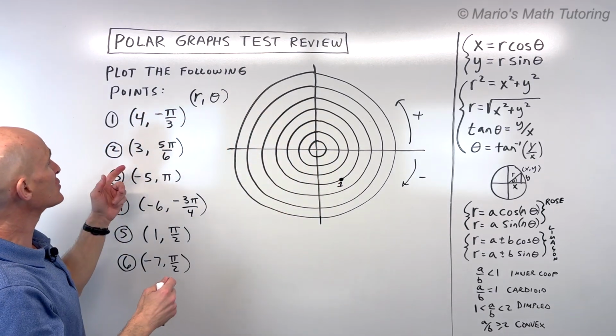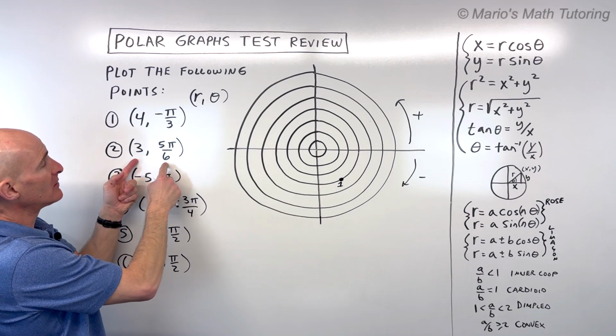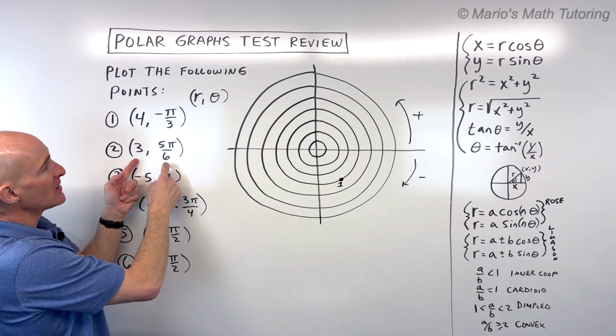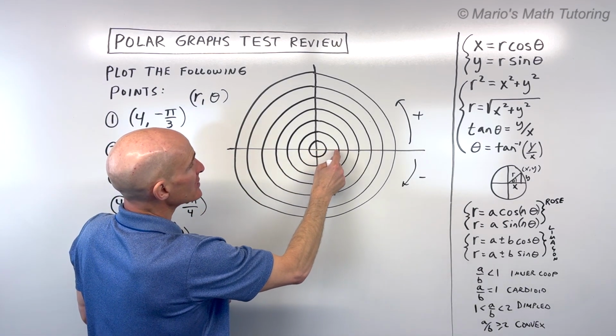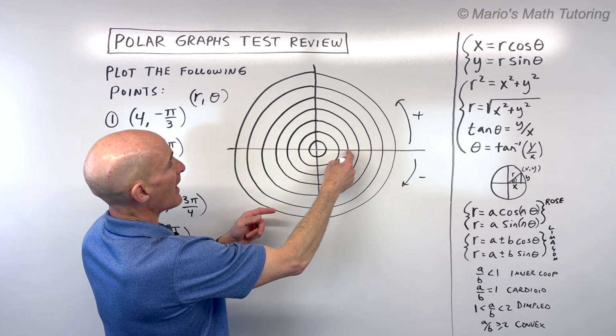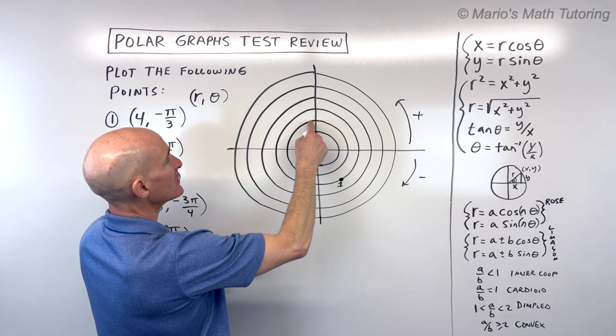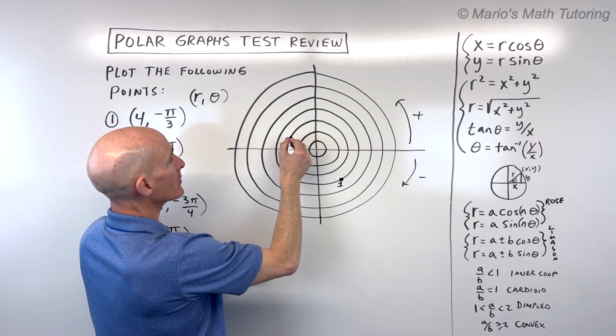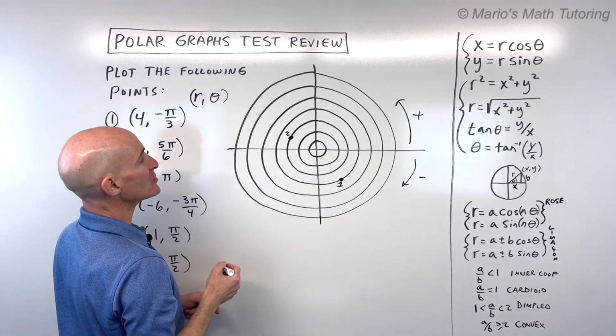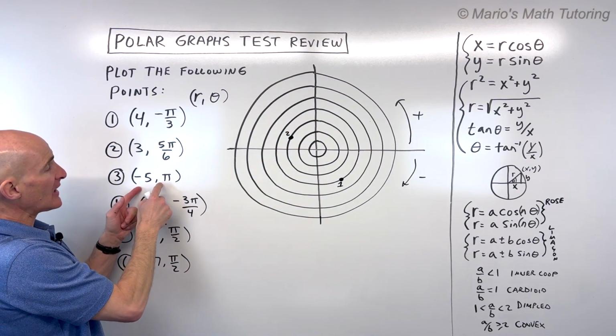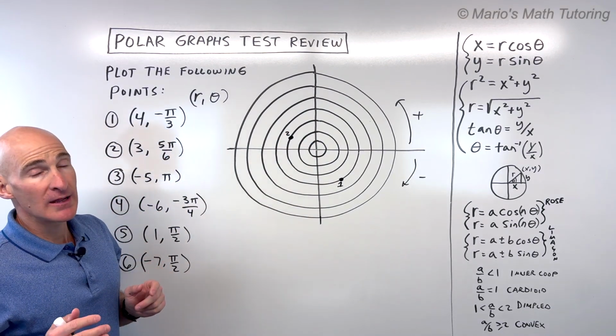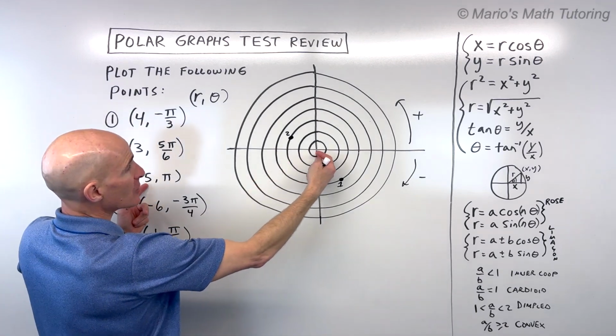Okay, so let's do number 2 now. This one's 3, 5 pi over 6. So I'm going to go out to a circle with radius 3, that's right here. I'm going to rotate 5 pi over 6, which is 150 degrees. That's going to put us right about here. So that's point number 2. For number 3, we have negative 5 comma pi. So one way to do this, negative 5, is I could go to the left.